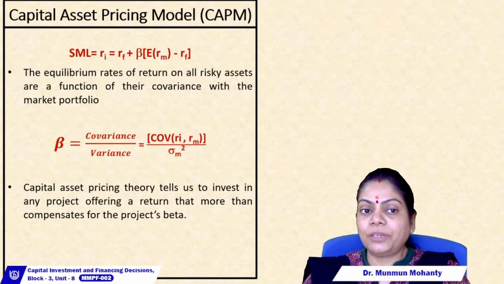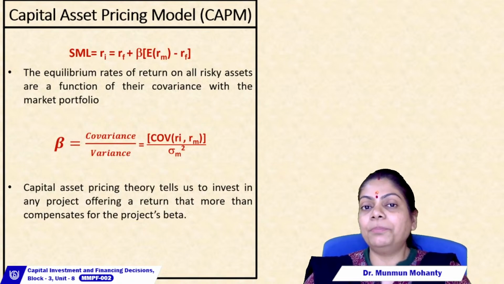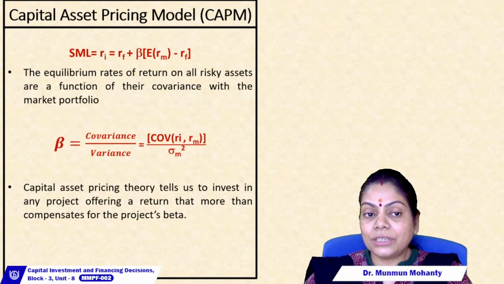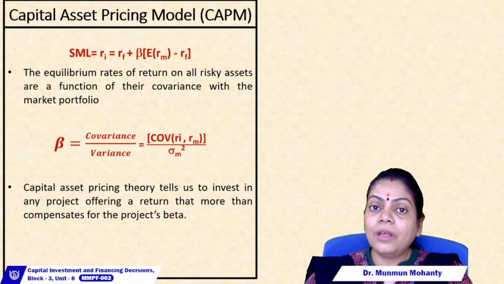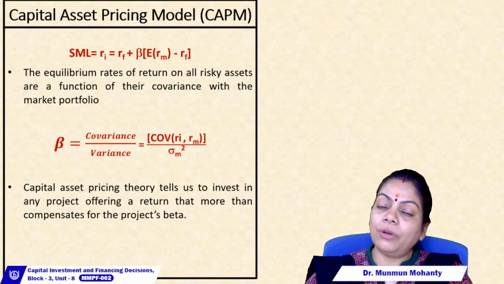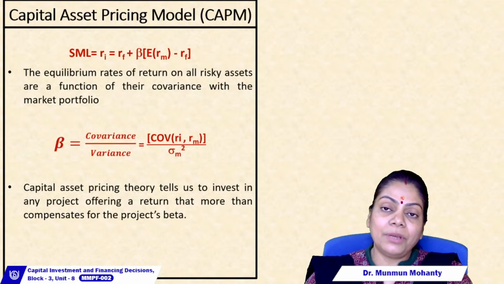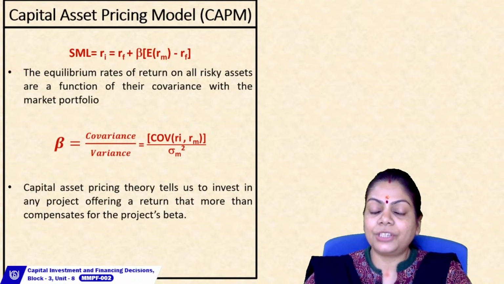They have different costs of capital because each company has a different beta. If a company has a higher beta, then at the same Rf and market risk premium, it will have a higher cost of capital as compared to a company having a lower beta. That is the significance of beta. Beta basically measures the systematic risk of each company.